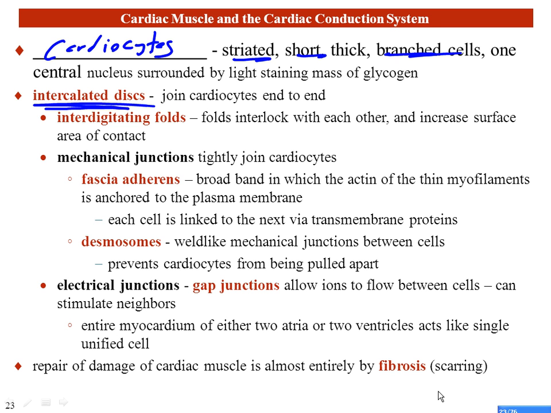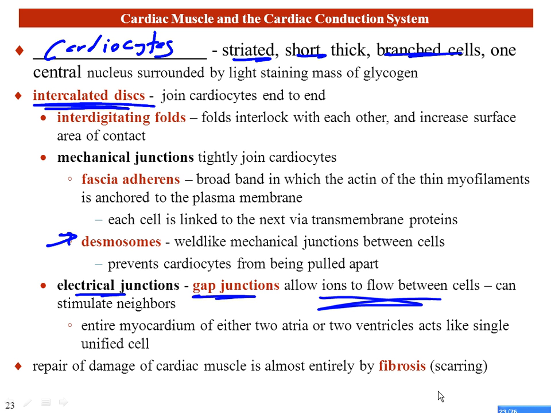Within those intercalated discs are a couple of junctions. You may remember there are desmosomes. Desmosomes resist a pulling force, and also we have electrical junctions called gap junctions. Remember, gap junctions are just little tunnels that connect 2 cells together. And what these gap junctions allow for is for ions to flow in between cells. I'll talk about the significance of that here in a few minutes.